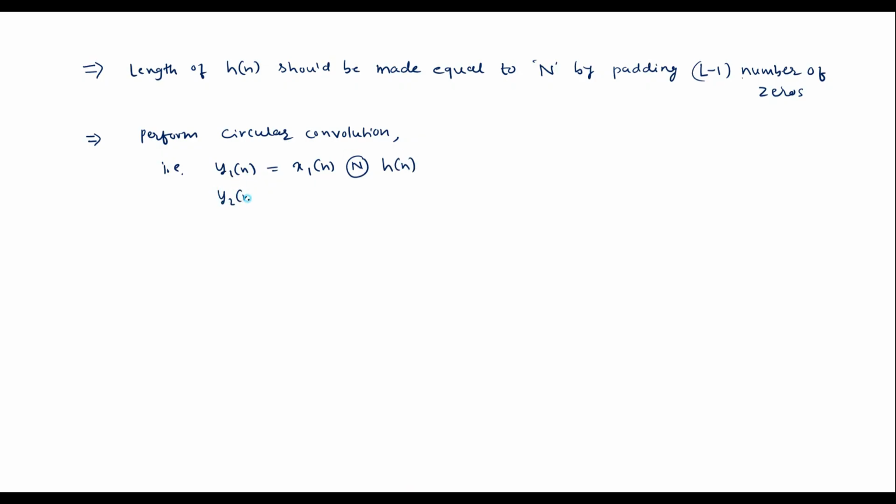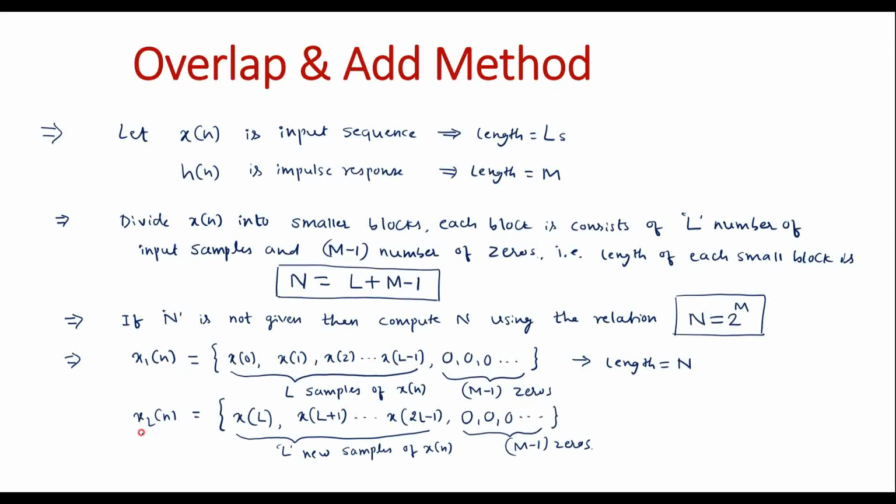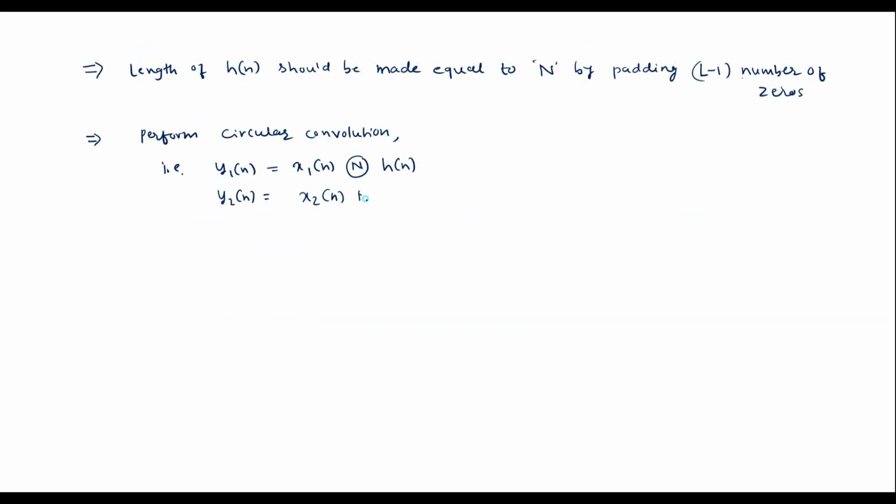Similarly, y2 of n, which is nothing but circular convolution between second sub block, that is x2 of n, with h of n, and so on. This process is to be continued until the convolution between h of n and all the blocks is completed. Here we can see that after performing the circular convolution, the resultant sequence, that is y1 of n or y2 of n, will consist of N number of samples.